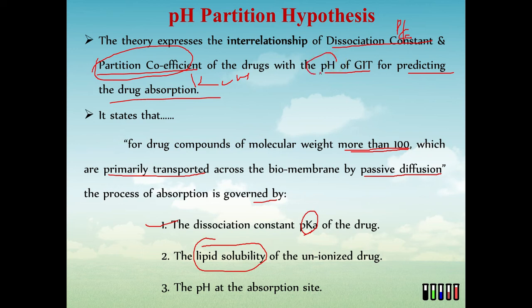Okay, that is, what will be the pH of your absorption site, that is all given in this theory. I mean, these three factors, pKa, lipid solubility and pH, are very important in the pH partition hypothesis.